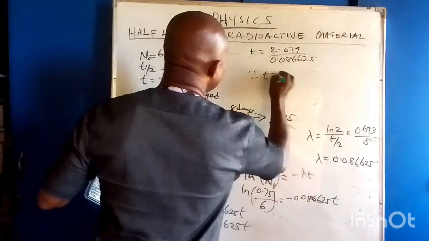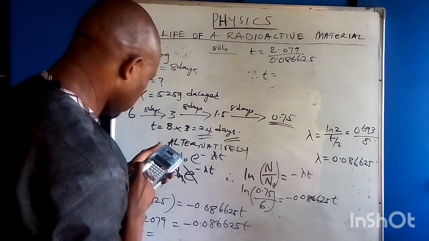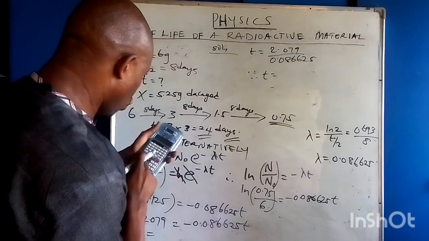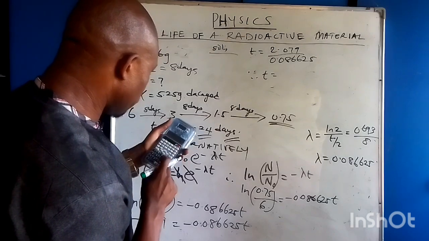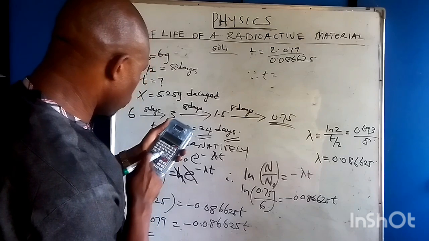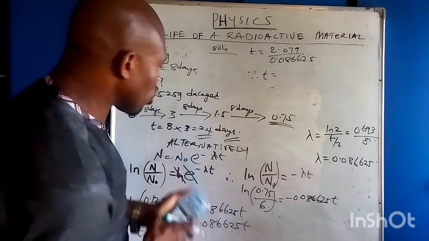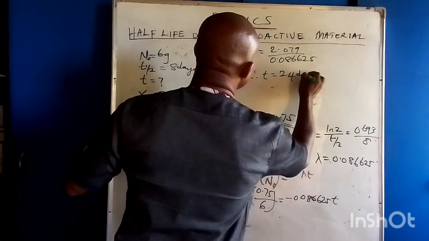Therefore, the time of transmutation will give us 2.079 divided by 0.086625. The transmutation time will give us 24 days.